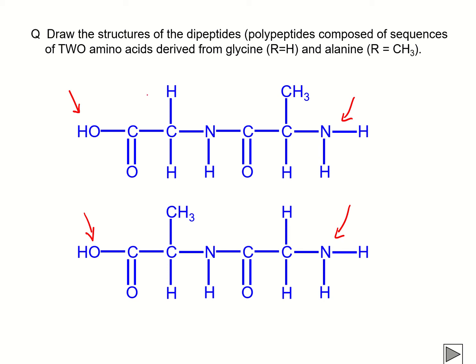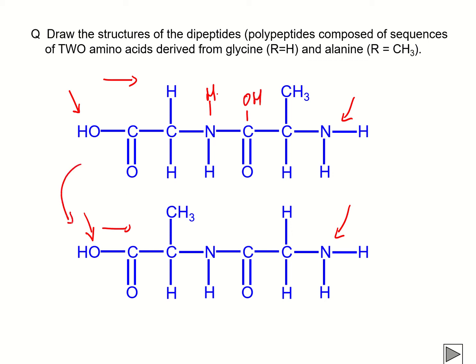Now, if you follow one of these through from one end to the other and the other one, you'll see that you have two different structures. And the reason why we get that is because in this one here, which is glycine, we have polymerized the NH2 group. And in this one here, which is our alanine, we have polymerized the COOH group.